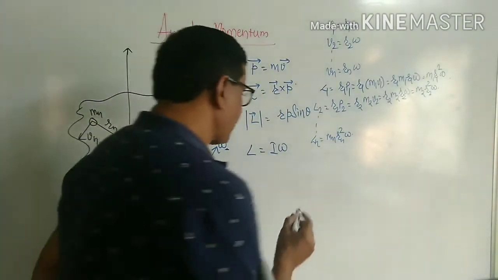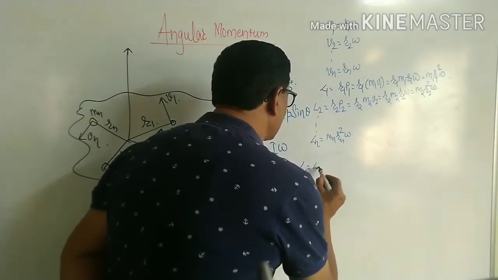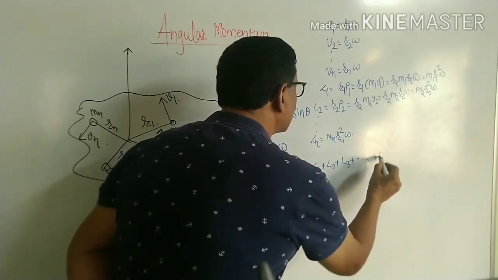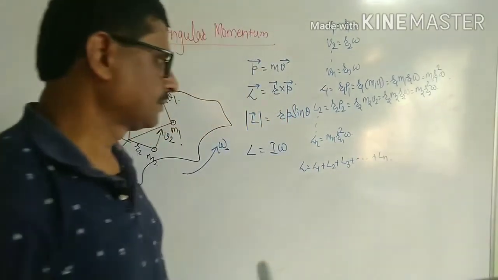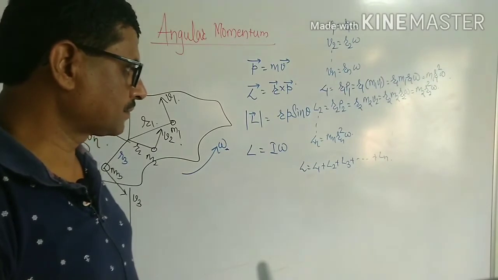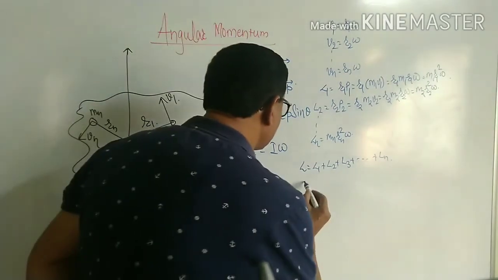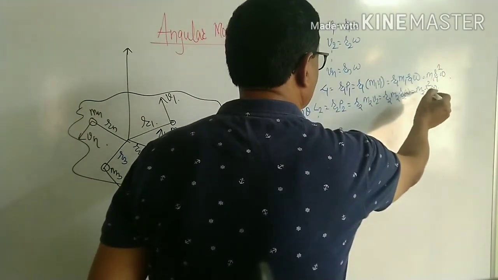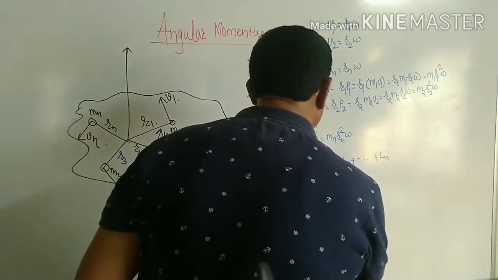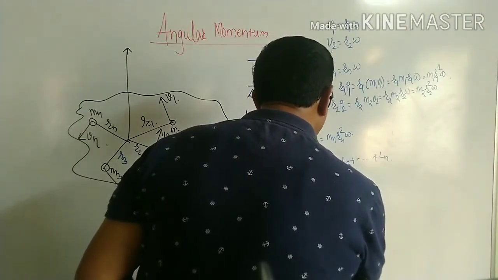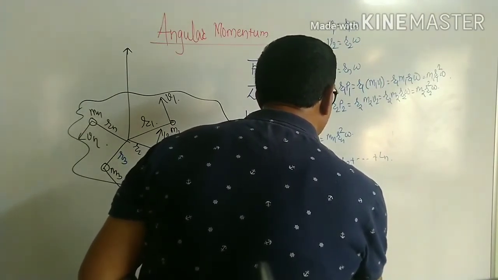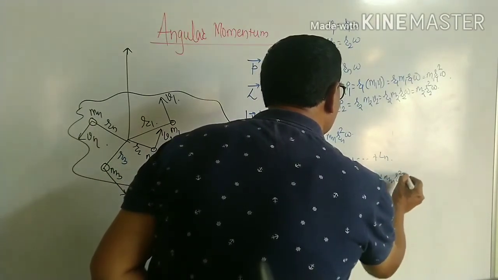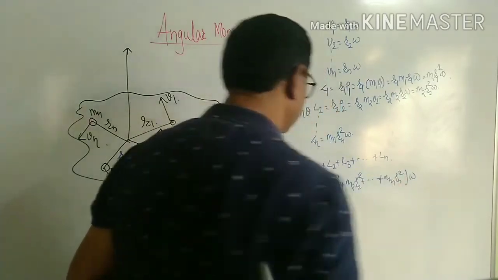The total angular momentum of the rotating body, L, is L1 plus L2 and so on, the sum of the angular momenta of all particles. Therefore, L equals, in the bracket, m1 r1 square plus m2 r2 square plus and so on up to mn rn square, into omega.